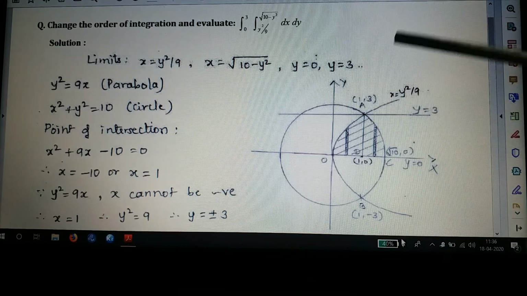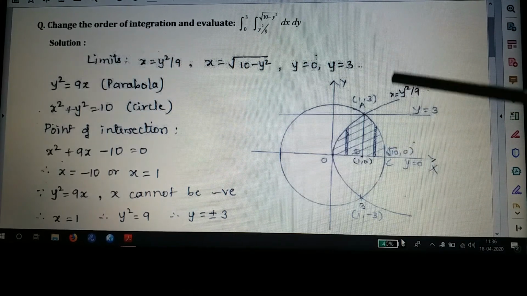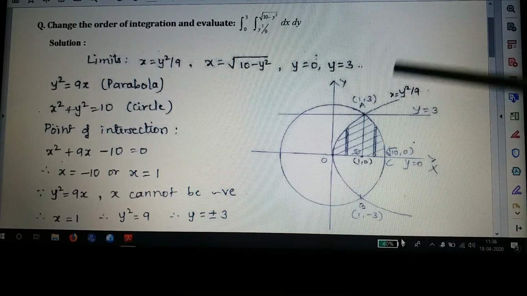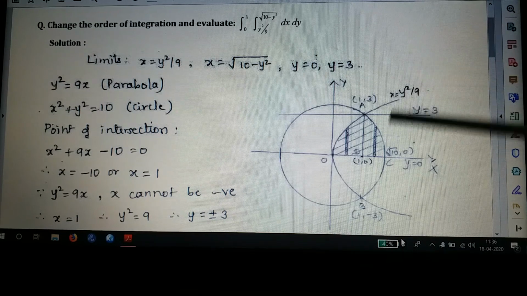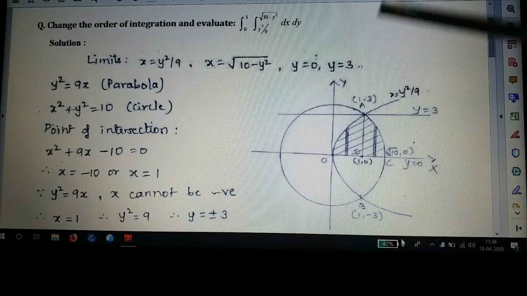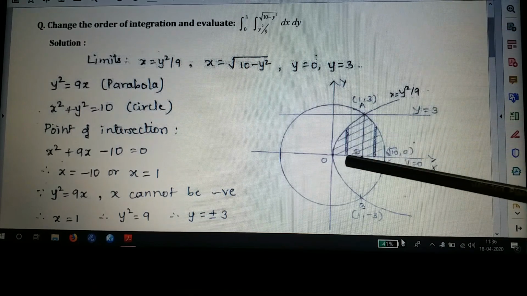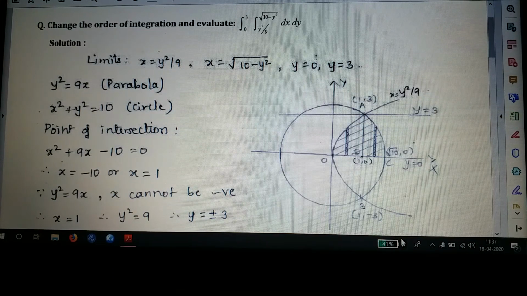In the first quadrant, y is positive. So y is only the plus sign of root of 9x. Root of 9x can also be written as 3 times root x. That is giving us the upper limit for y. So y will start from 0 and end on 3 root x.